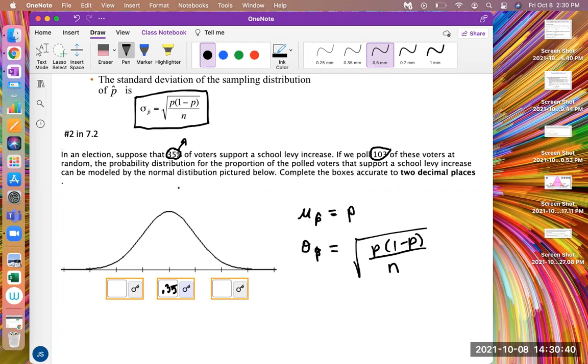That's why they say the sample size has to be less than 5% of the population. If that's the case, then we would call it independent trials as far as picking people to be part of our sample.